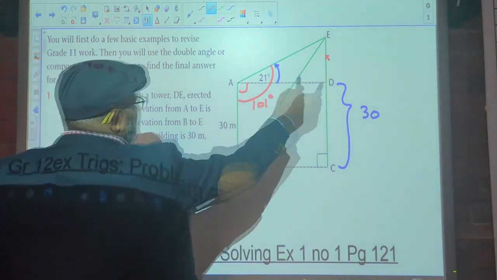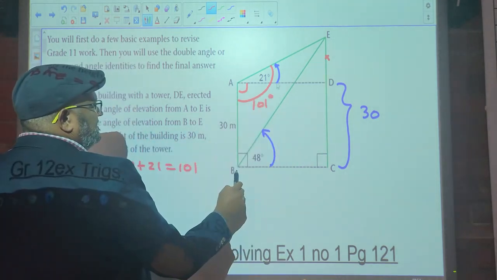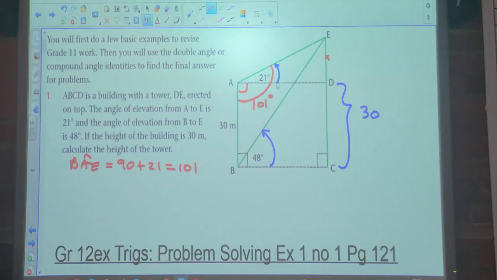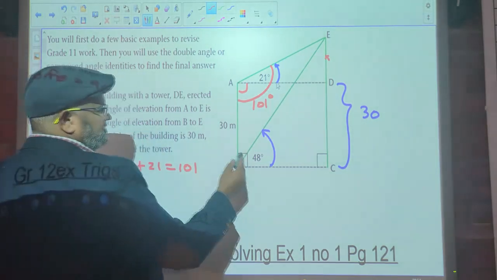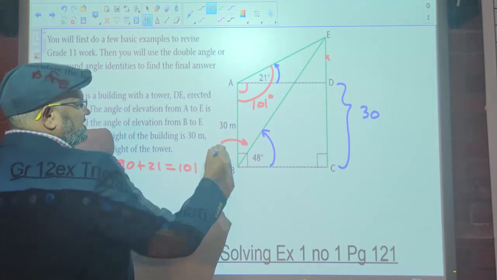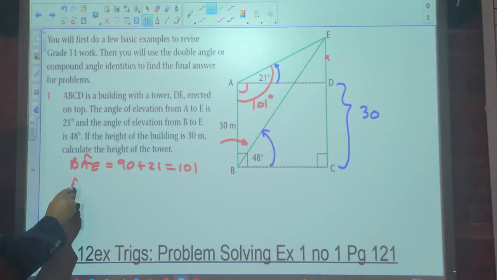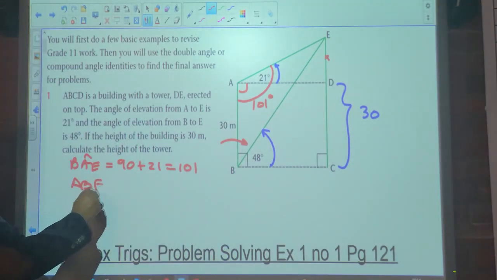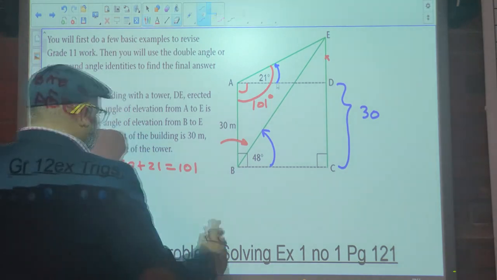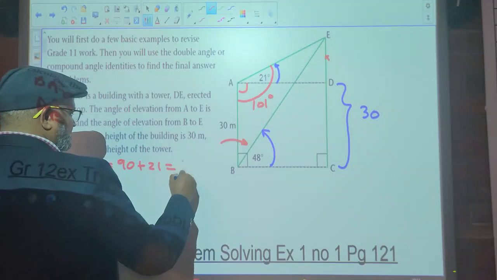If you want, you can say that DAB is 90, because that's a rectangle, and then you conclude that. Alright, what else can we calculate? You can calculate this angle here, which is ABE. Sorry, ABE is 111. Sorry about that.